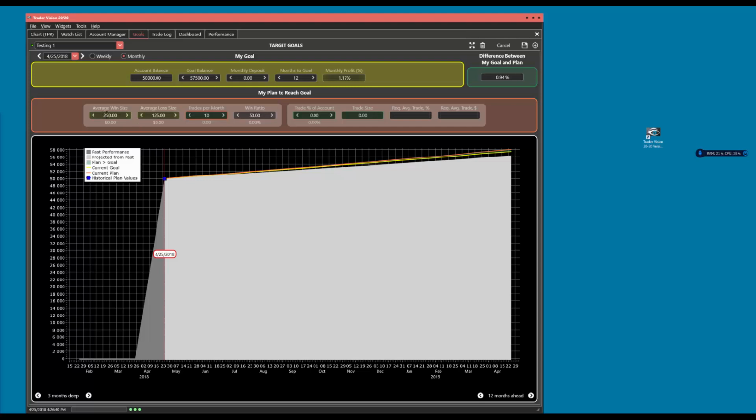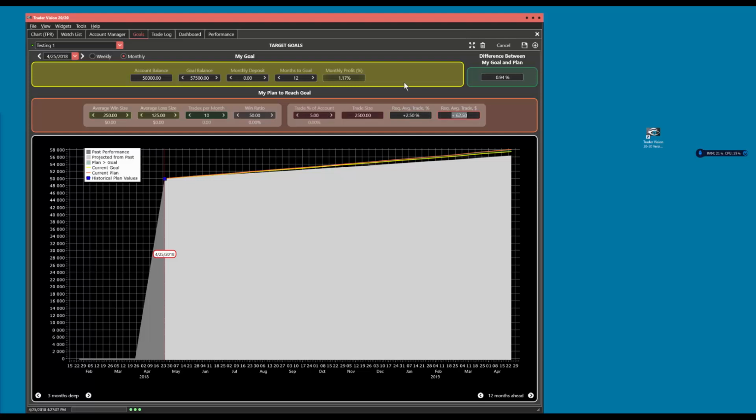The 5 winners are all going to have a $250 win on average, and the 5 losers a $125 loss on average. We're going to trade 5% of our account. What does that mean? On average, across all 10 trades, we're going to have a win of 2.5%. And on average, across all 10 trades, we're going to have a win of $62.50.